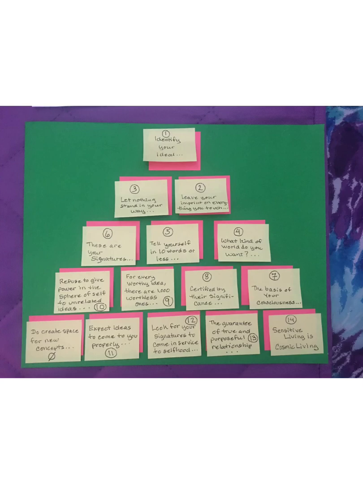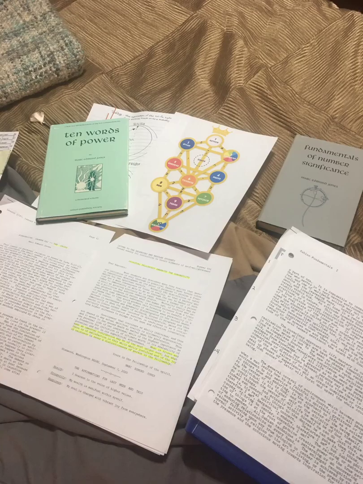What does that mean? Number twelve, look for your signatures to come in service to selfhood. Number thirteen, the guarantee of true and purposeful relationship is in the service your signatures provide to you based on your fundamental 10 words.